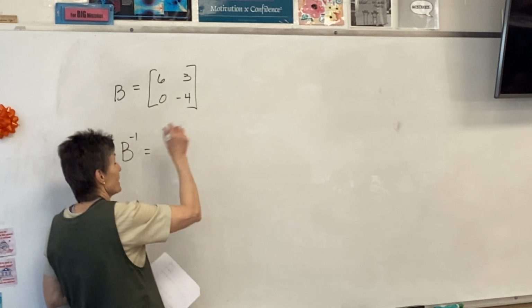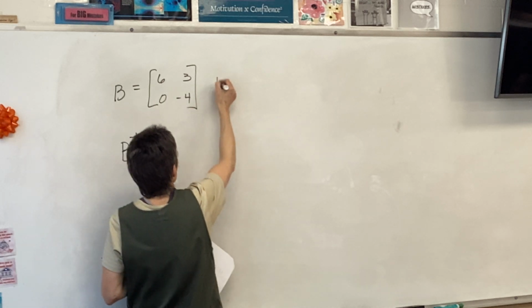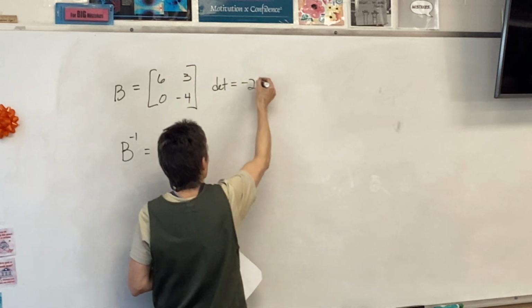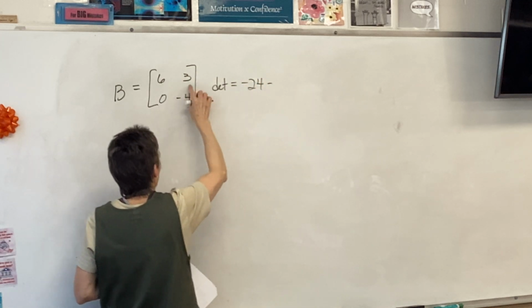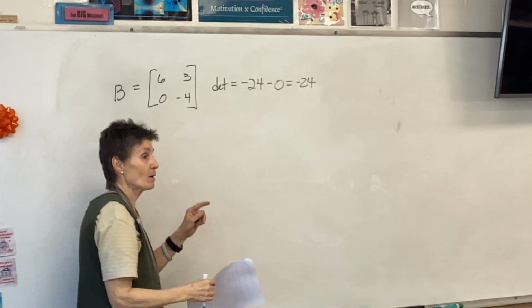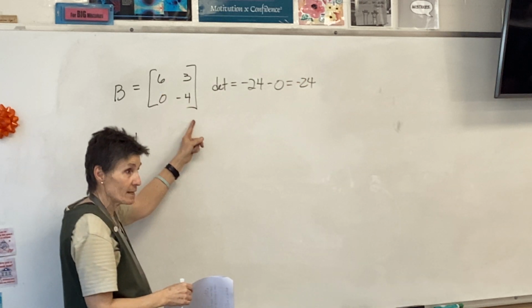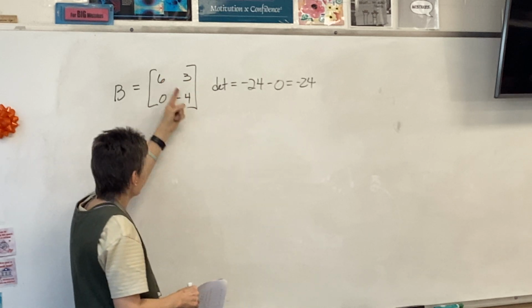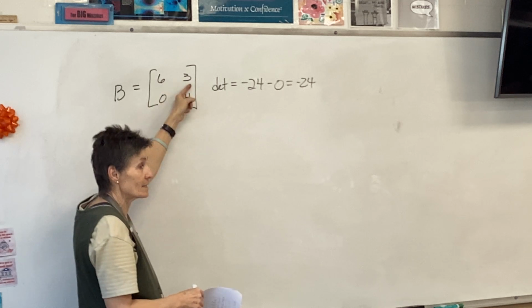So the first thing we do is find our determinant, which is -24 minus 0. Remember? Multiply, subtract. So -24 minus 0.